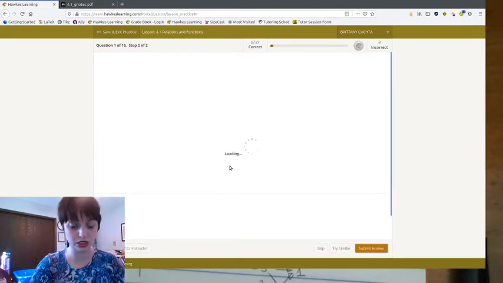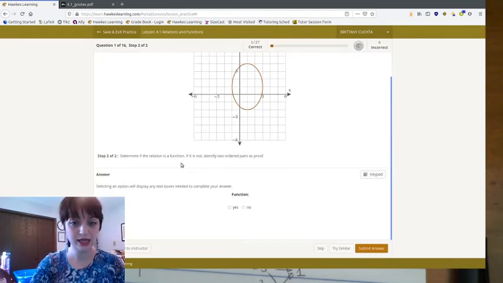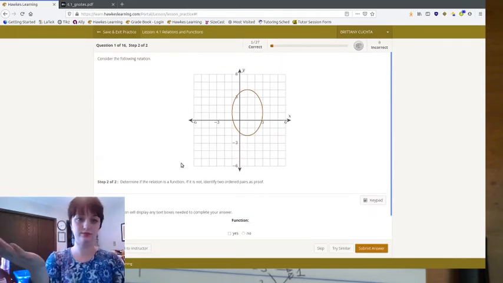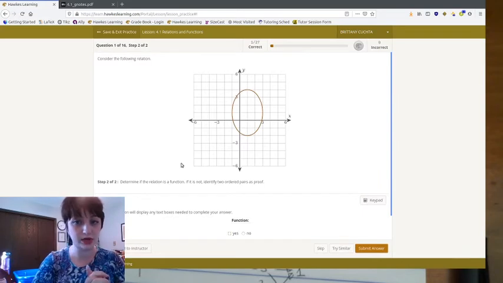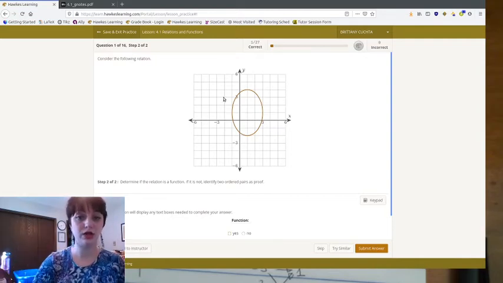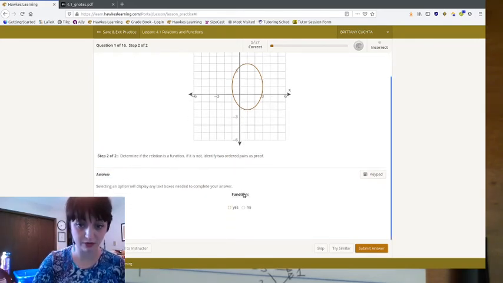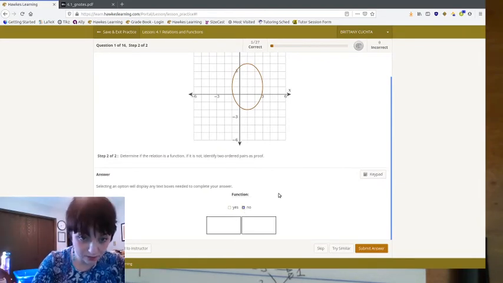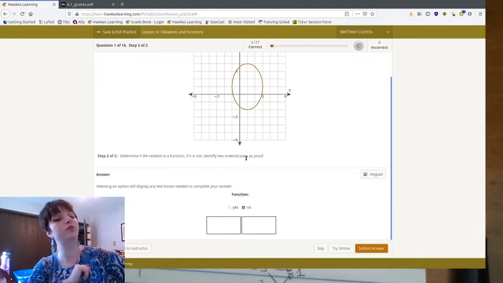So the question, is it a function? Yes, no. Since you have a grid, this is pretty easy because the grid has a bunch of vertical lines on it. If any of those grid lines intersect the graph more than once, it is not a function. So I can see right here, bam, bam, not a function, because I have the top and the bottom of my little egg. So they ask, identify 2 ordered pairs as proof.